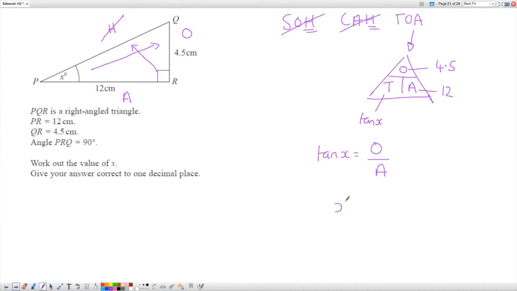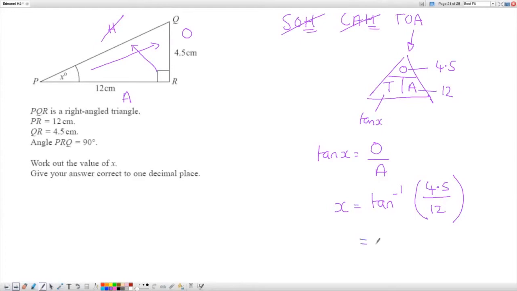We want to know X. So to find X, finding an angle, we're going to need to use our inverse function. On your calculator, you're going to need to press Shift and then tan. You'll see it above the tan button, tan to the -1. You've got to press Shift. Open your bracket, 4.5 divided by 12, close your bracket.